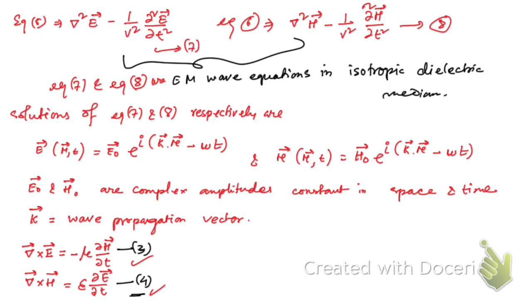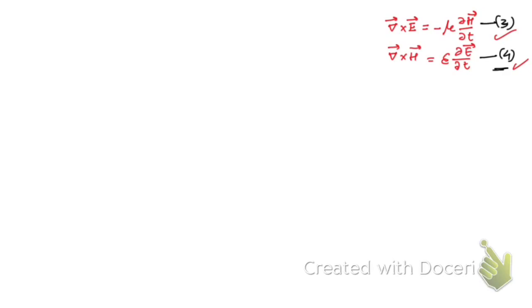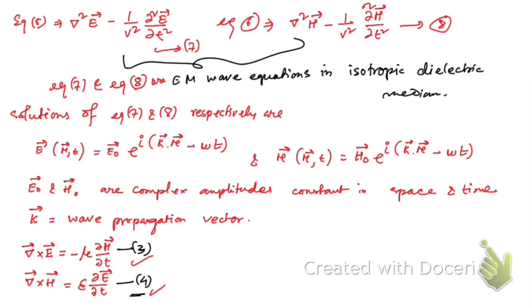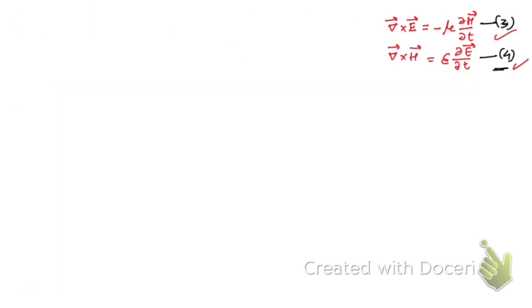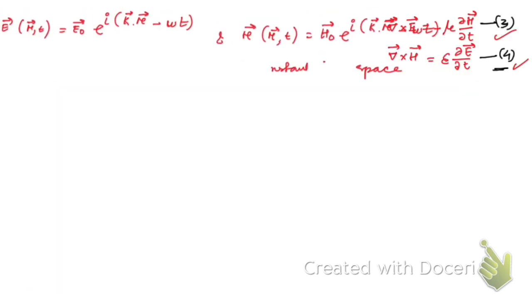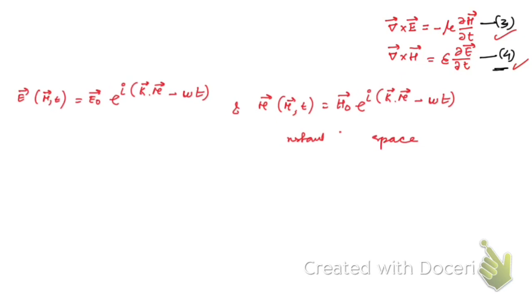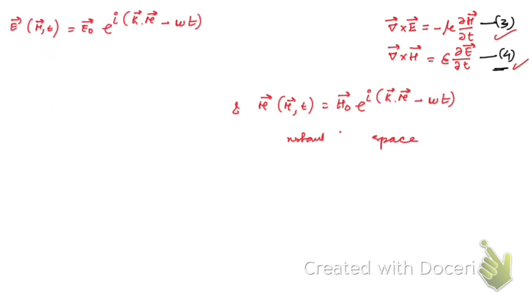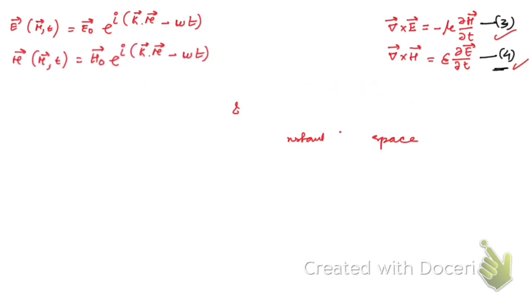Here these are equation number 3 and 4, and what are the solutions of EM wave? Let me copy the solutions as well. So here you see these are the solutions of EM wave. Just let me write here properly. Okay, these are the solutions.